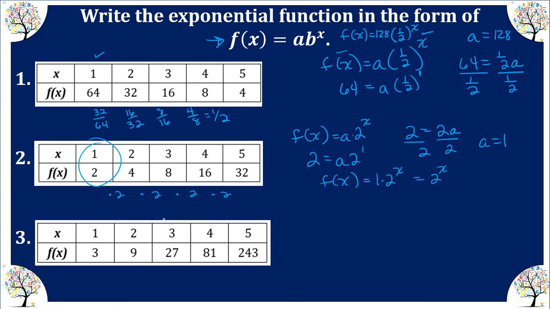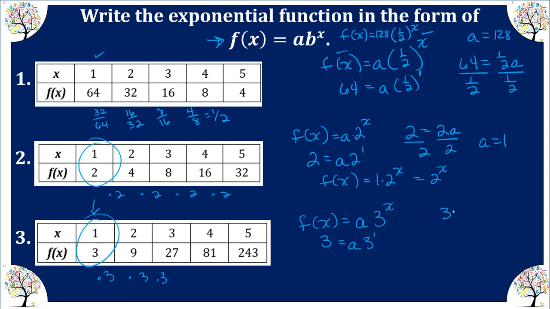And our last one, 3 to 9 to 27 to 81, that is being multiplied by 3. So that is your B value. We're going to write what we have. We don't know A. Our B value is 3. I just like to pick the first point or a small value, plug in 3 for f of x and 1.